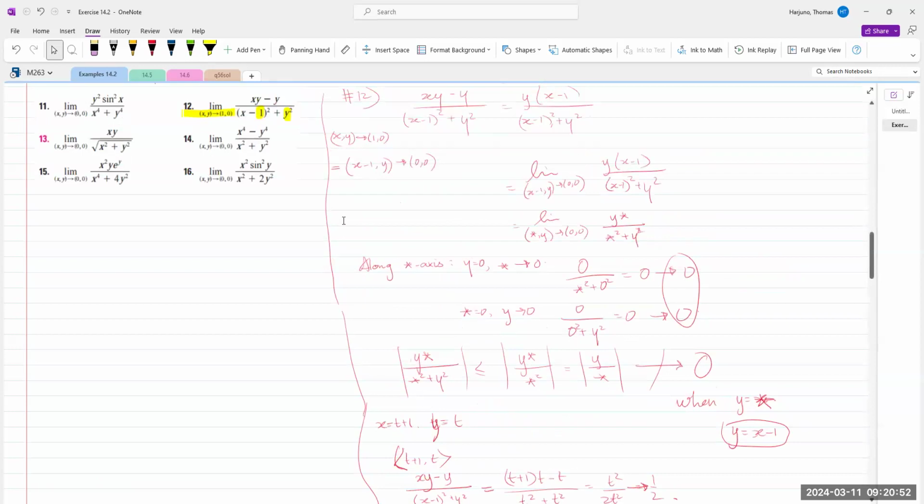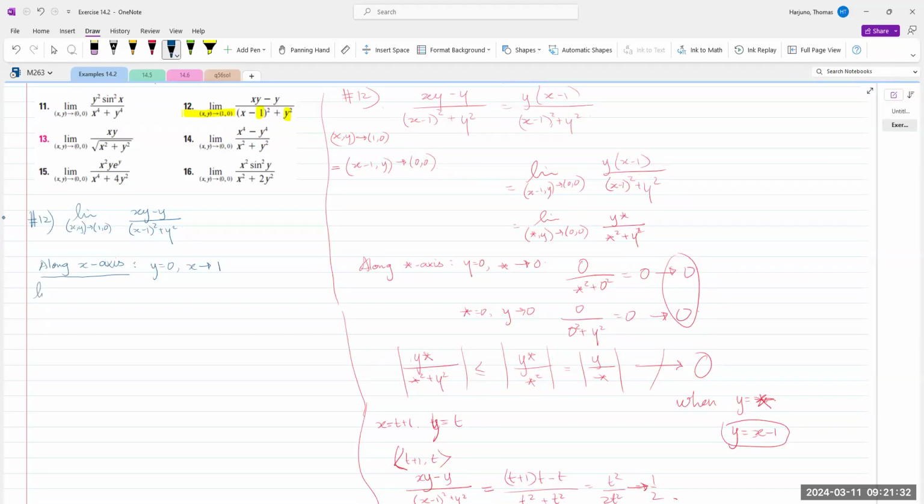Let's go back, now show the proper work. So number 12. Limit as (x, y) goes to (1, 0) of xy minus y over (x minus 1) squared plus y squared. If I go along the x-axis, notice that along the x-axis, your x is approaching 1, but the y is already set to 0.